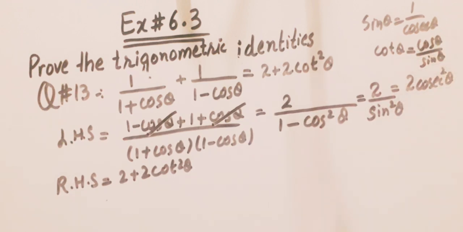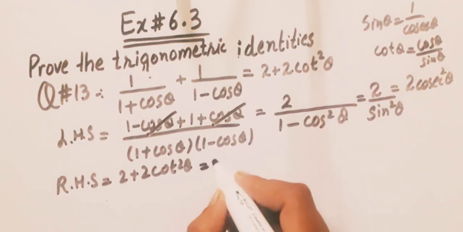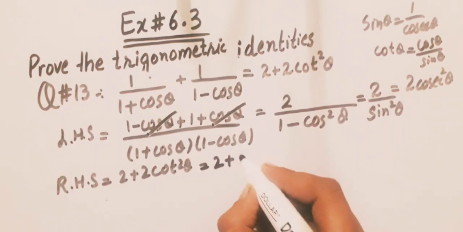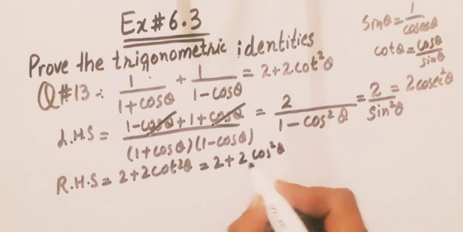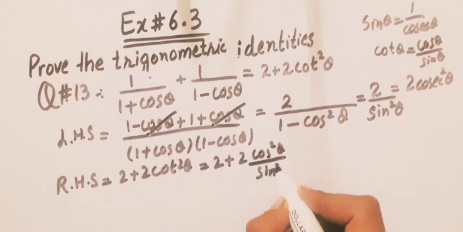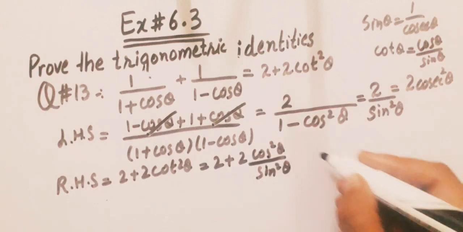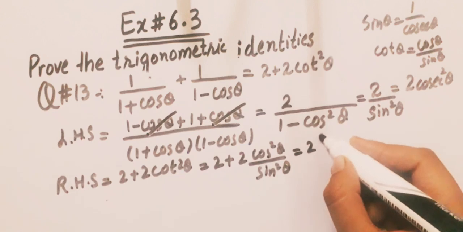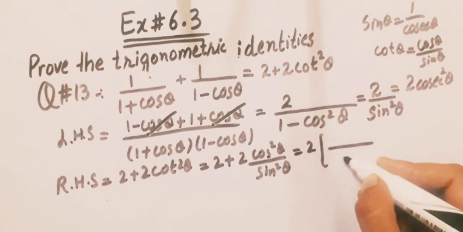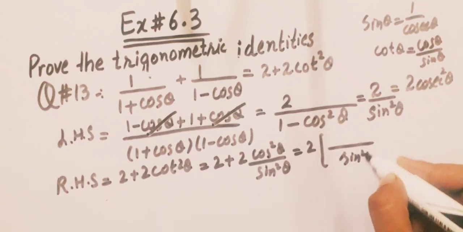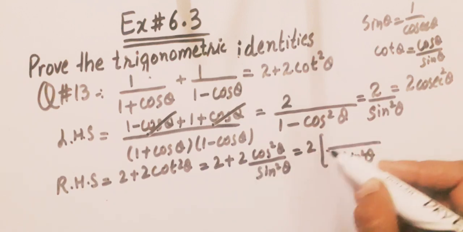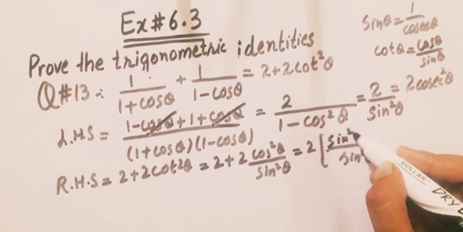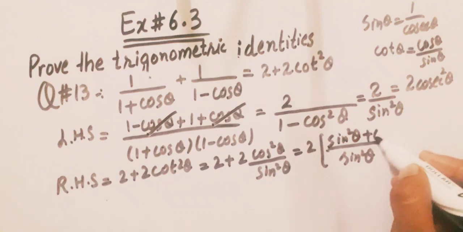So we will substitute this: 2 plus 2 into cos square theta by sin square theta. Now we will take 2 as common and the remaining LCM sin square theta, which is equal to sin square theta plus cos square theta.